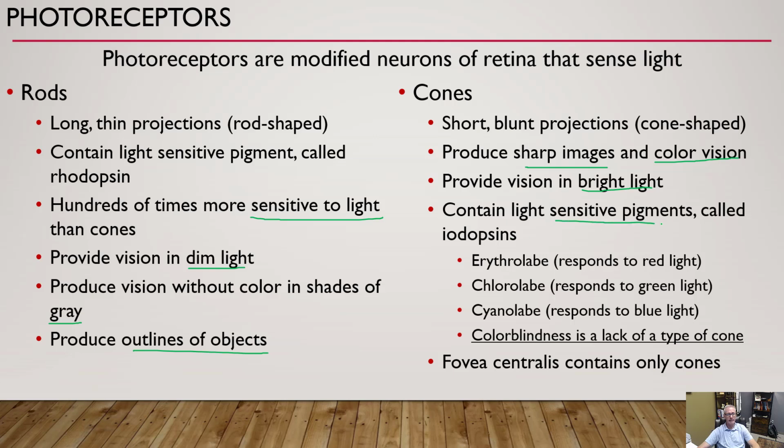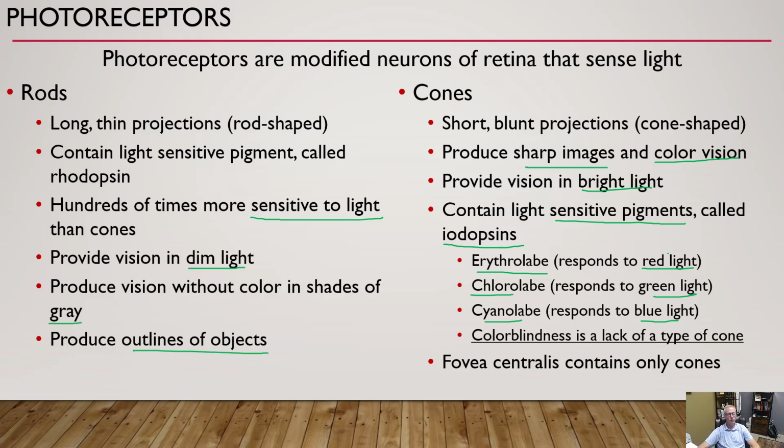They contain these light-sensitive pigments called iodopsins. We have 3 different types of iodopsins. Erythrolabe is red light, chlorolabe is green light, cyanolabe is blue light.